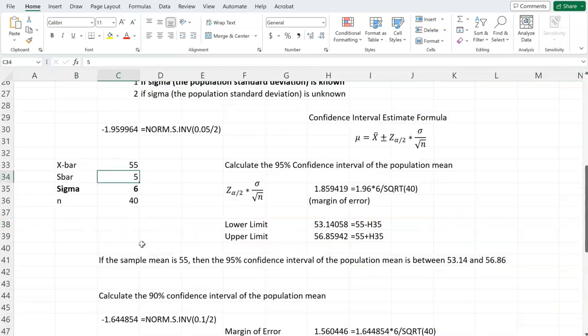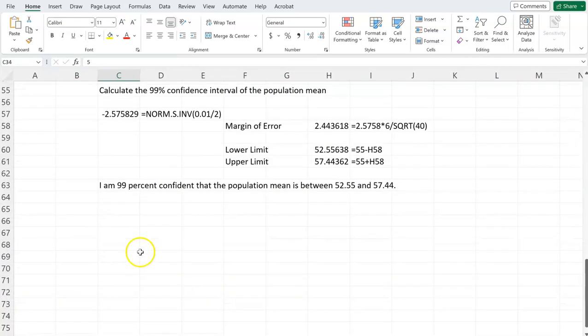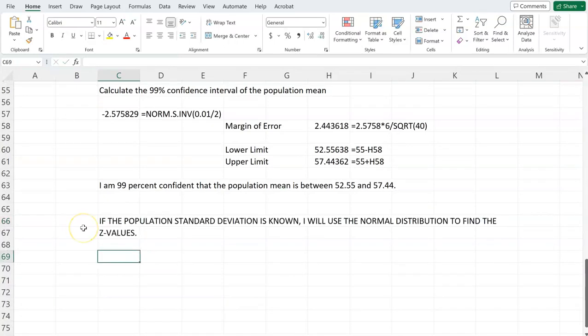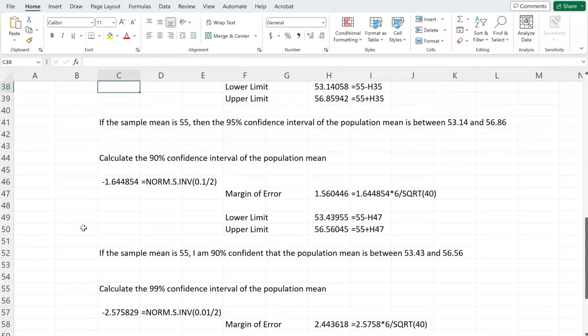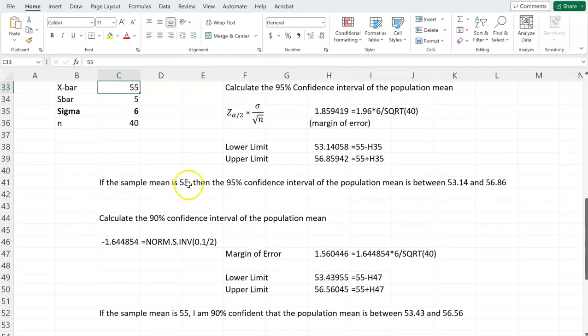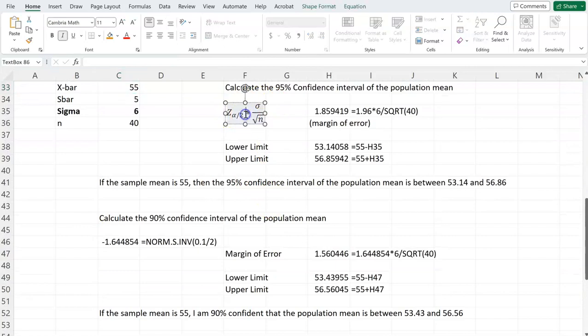So all that we have been doing so far, I'll just reiterate: if I have that known, then I will use z-values to find my confidence interval, and I will use the normal distribution to find the z-values. In the formula for the margin of error, we have z-values here. If the population standard deviation is known, we are going to use this.